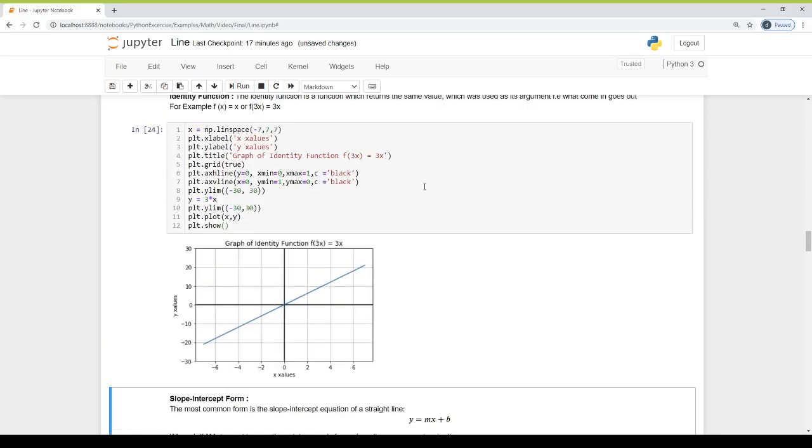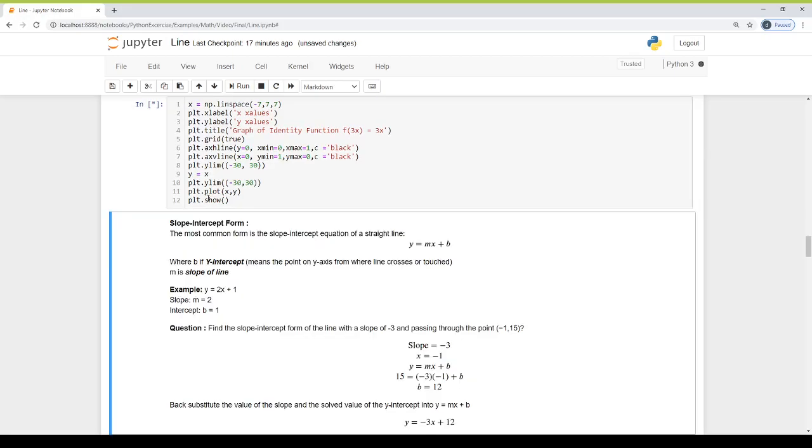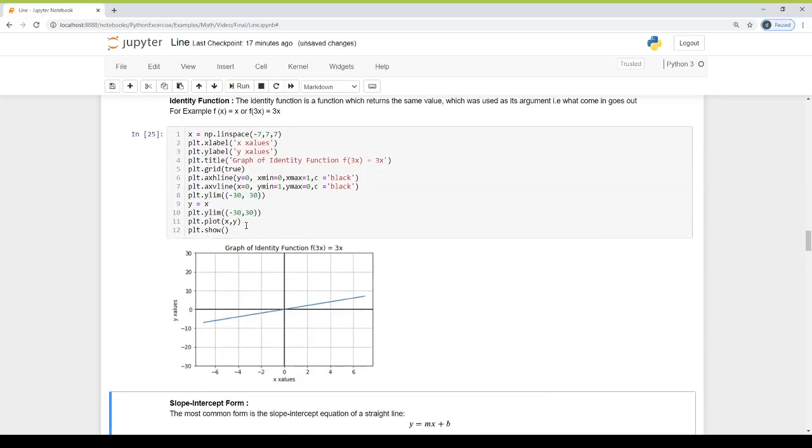So this is our function. We have passed the value of x and it returns y by multiplying x with 3. If we don't multiply with 3, then our graph will look like this.